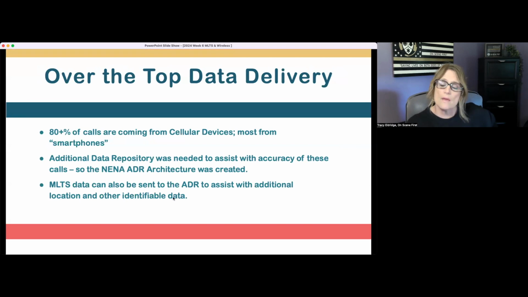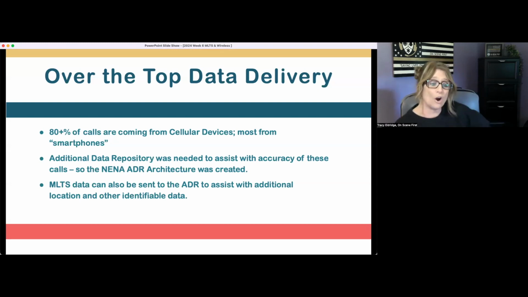Okay. And then we have over-the-top data delivery. With 80+% of our calls coming from cellular devices, most being smartphones, there is a need for additional data to be sent. Additional data repositories were needed to assist with accuracy of these calls. So the NINA ADR architecture was created.